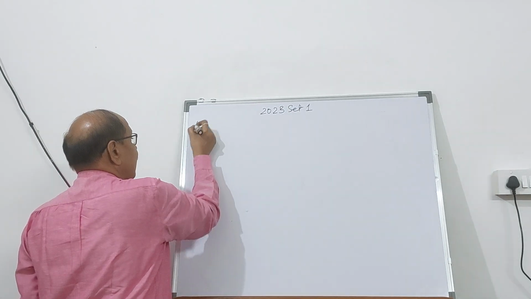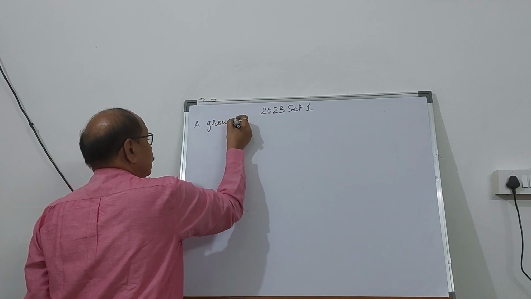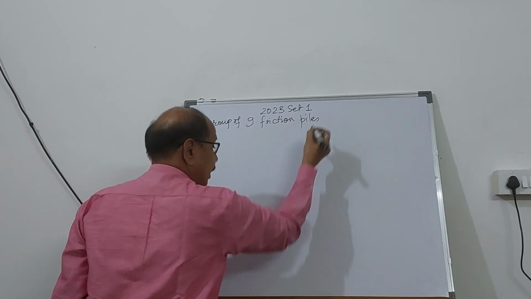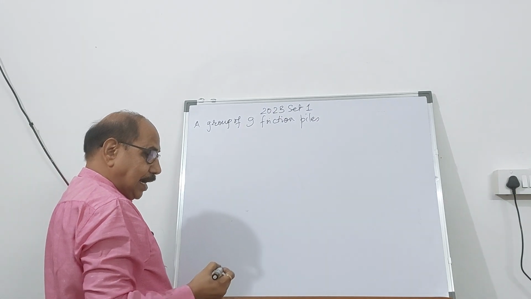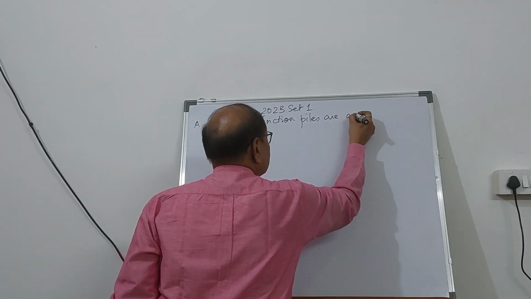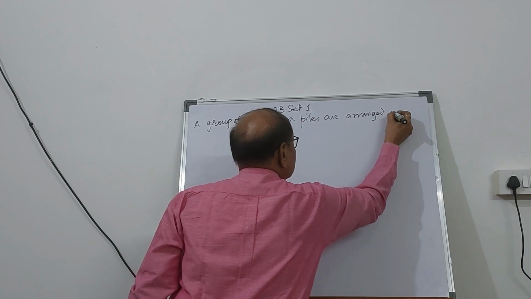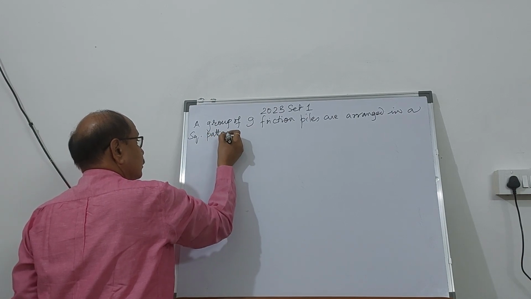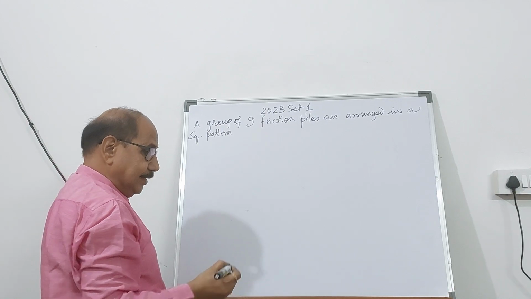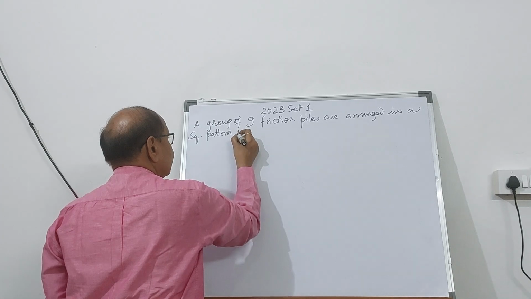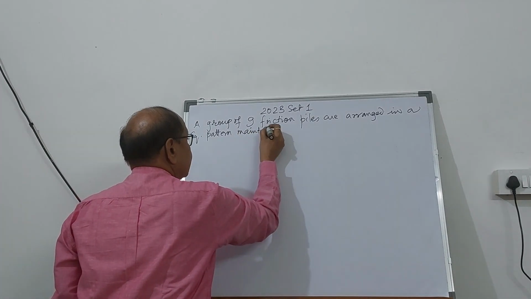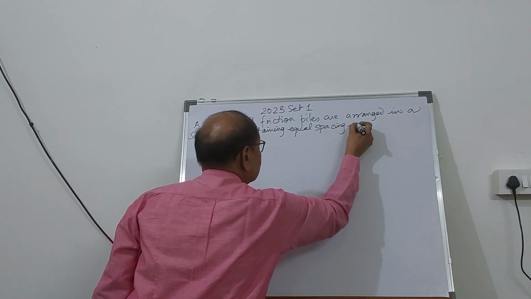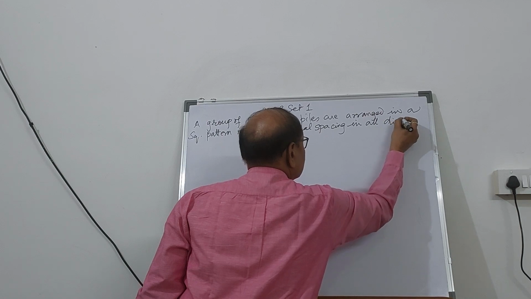A group of 9 friction piles are arranged in a square pattern, maintaining equal spacing in all directions.